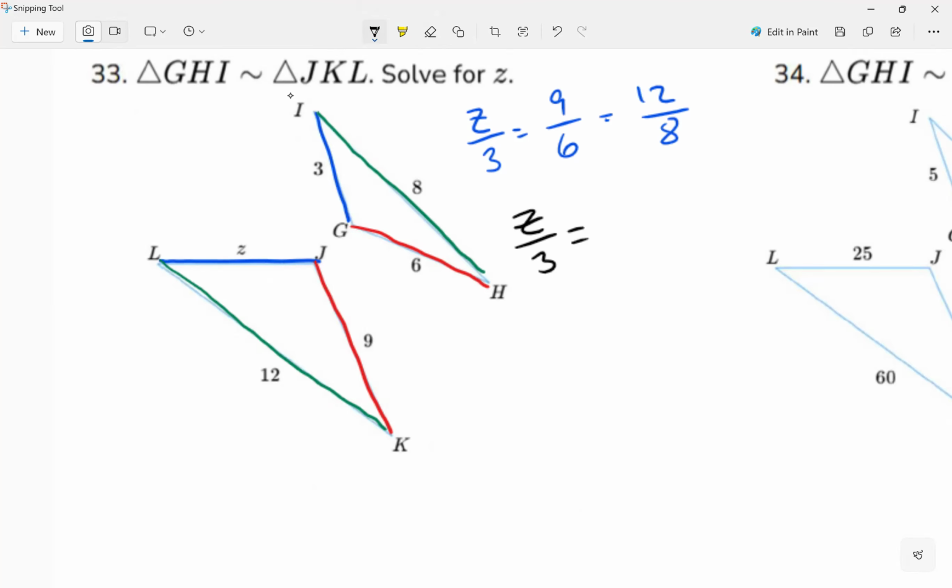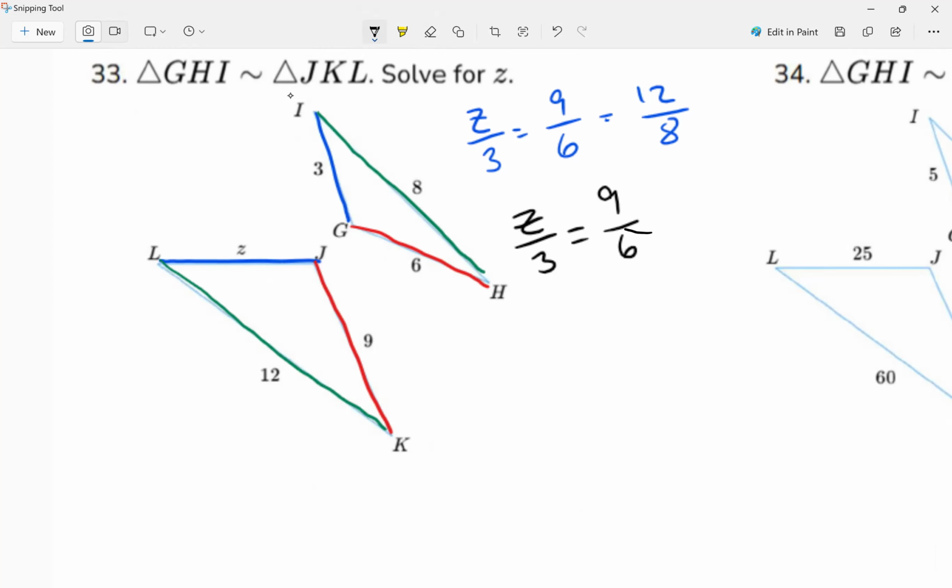I'm actually going to choose the 9 over 6 just because my numbers are smaller. But if I choose 12 over 8, it is the same thing. Remember, I just need two fractions. And I remember we said cross multiply.